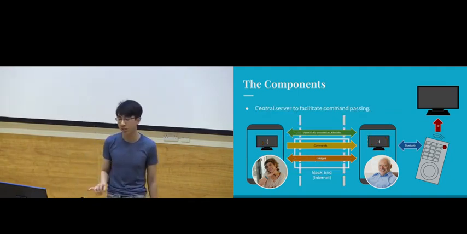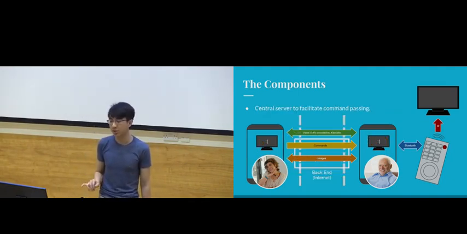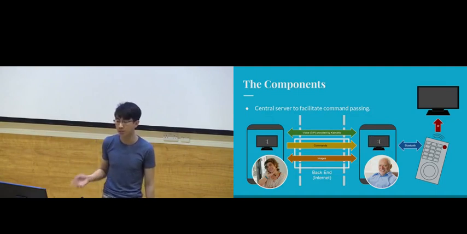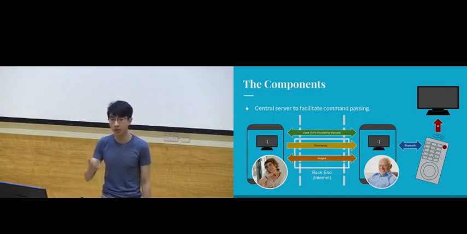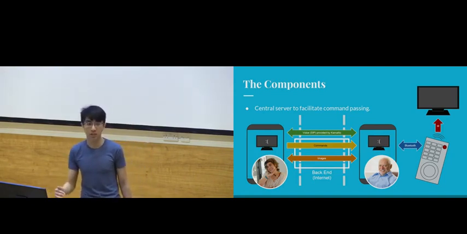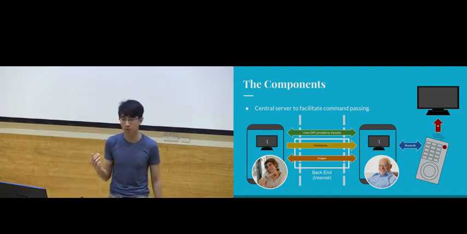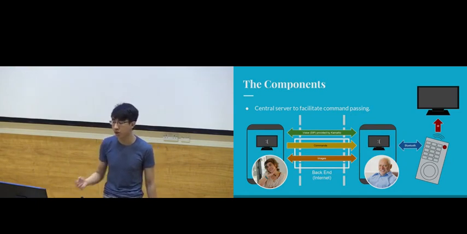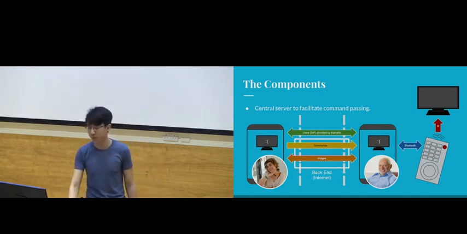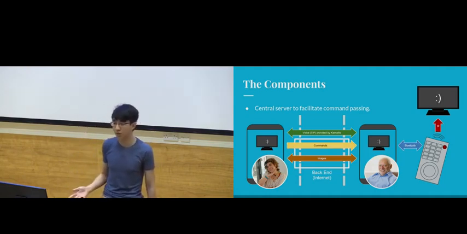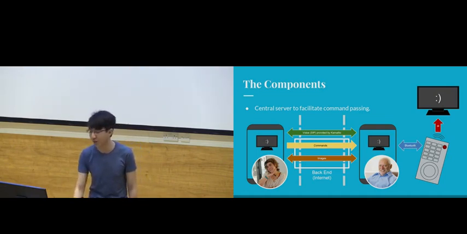And to do all this, we have a centralized server to facilitate command passing behind network address translation. We have a voice server, which is doing Session Initiation Protocol, and the server also marshals commands and images across the internet. All this leads to a great grand remote app that allows you to solve your problems together as a family from anywhere you are.